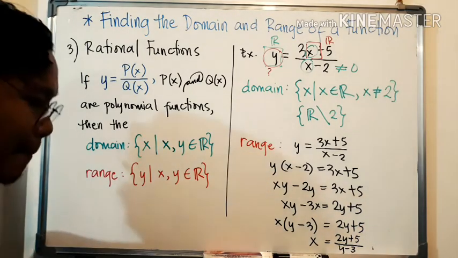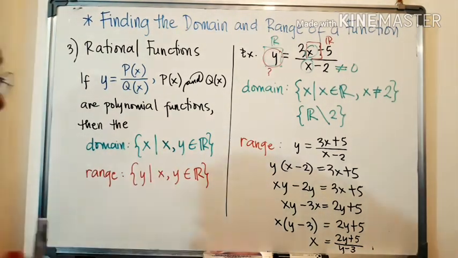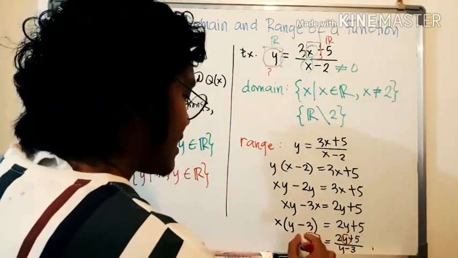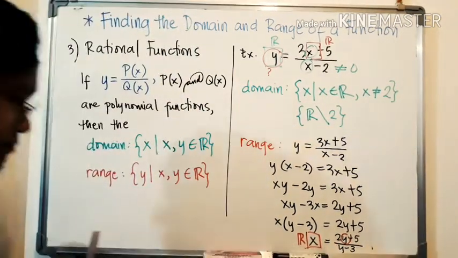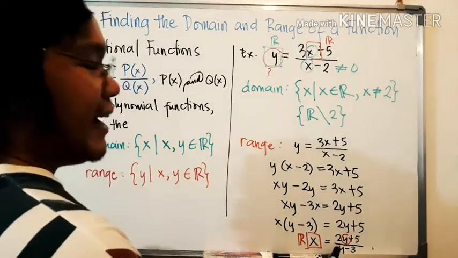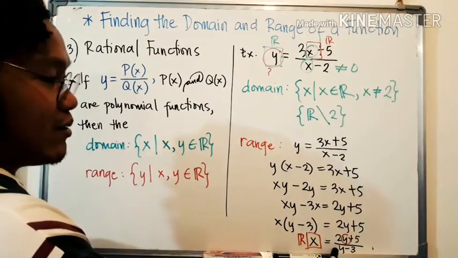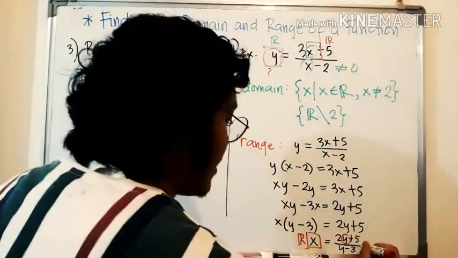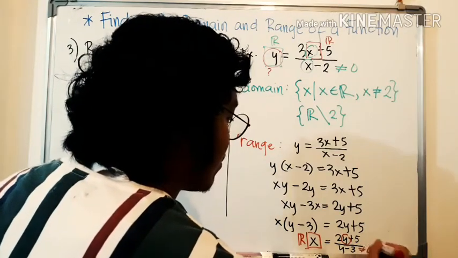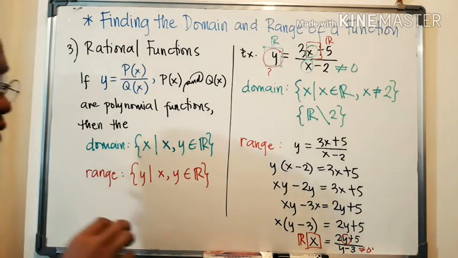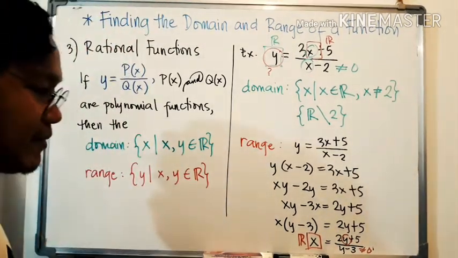So ngayon, anong mga possible values kaya ng y that would make x defined? So again, kailangan ng denominator hindi maging equal to 0. Diba? So the denominator, which is y minus 3, should not be equal to 0. Okay. Or else, the function is undefined, or the values for x are undefined.